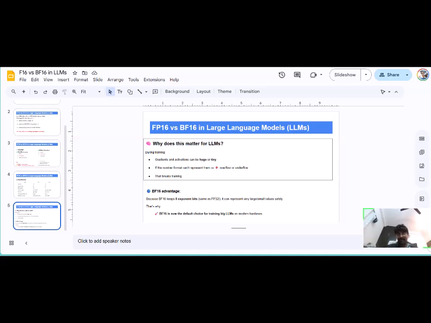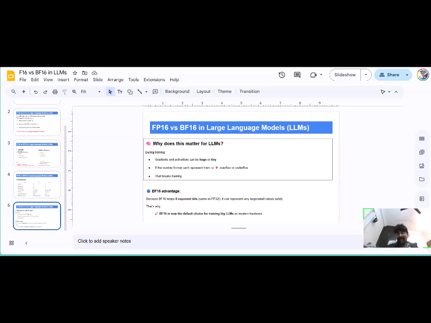I already told you a little of the difference, but in more detail: especially while training, gradients and activations can be very high. If numbers explode beyond the 5-bit exponent, then your model dies. So that matters here.